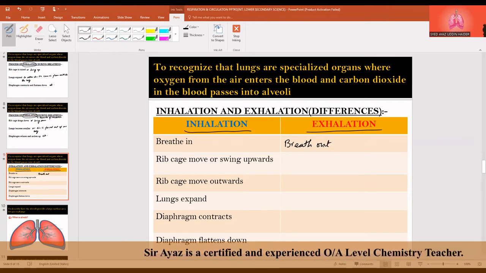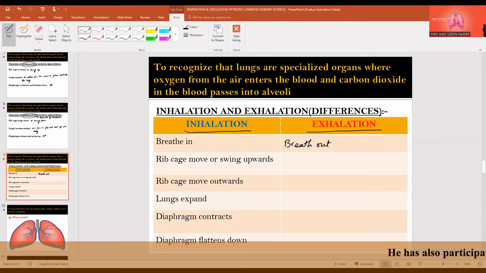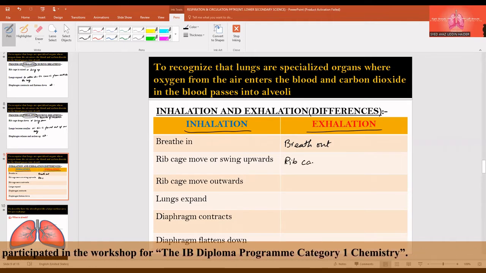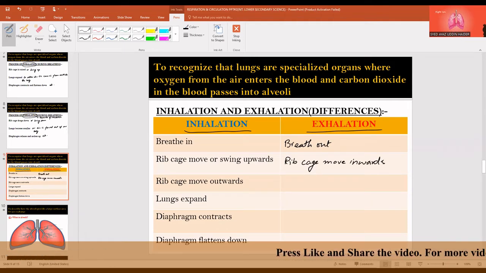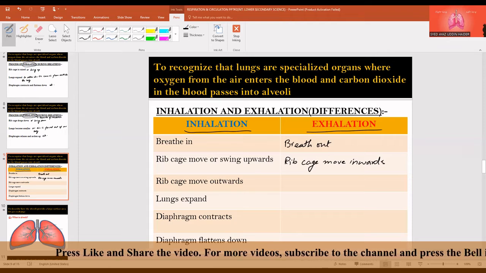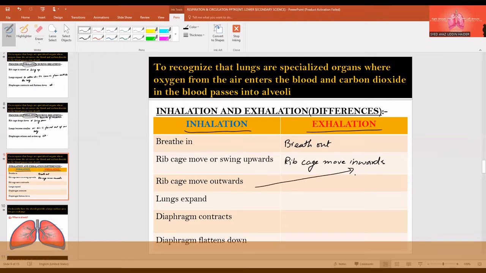In inhalation, rib cage move or swing upwards, so in exhalation rib cage move downwards.